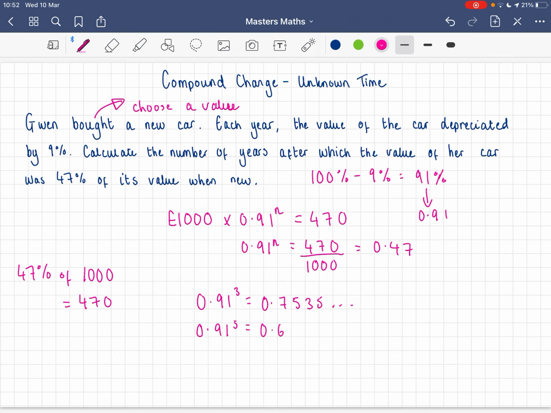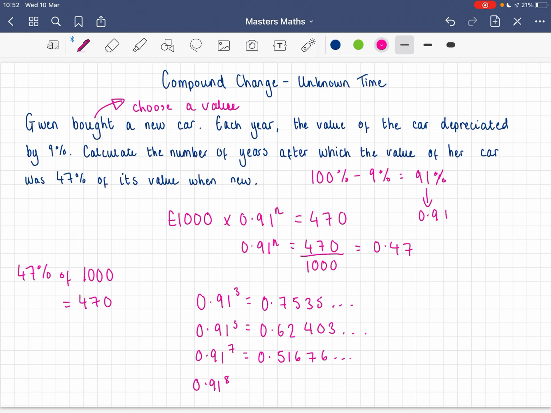That gives me 0.62. I think this is going to be quite a high number of years. 0.91 to the power of 7 we can try next. That gives me 0.51676. Getting a lot closer.